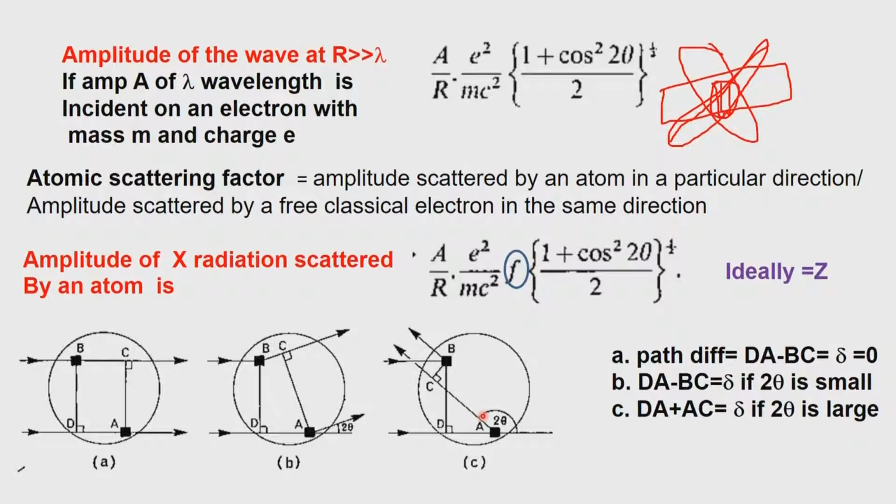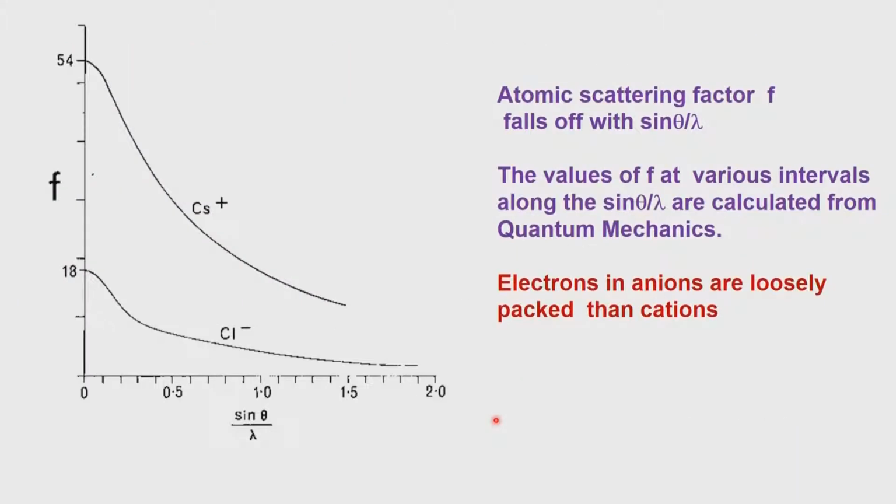So, as a result the path difference now will become dA plus AC. So, the path difference is very large, and for 2 theta values large, the path difference delta becomes very large, and therefore, you get a very interesting behavior of the variation of f with respect to the scattering angle, and the next view graph shows you how it varies.